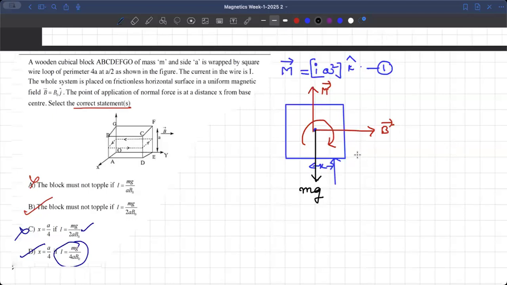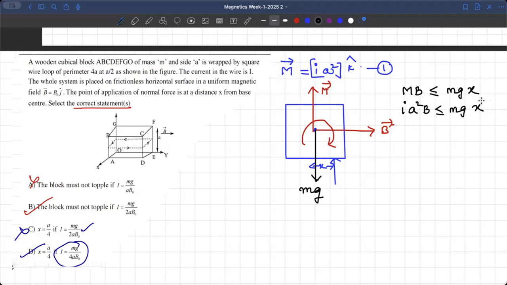Now, what is the condition for toppling? The point you are seeing should shift to here for toppling to take place. So therefore, the condition is, for toppling to happen or not to happen, MB less than or equal to mgx. What is MB? We already have the data: I A square B less than or equal to mgx.